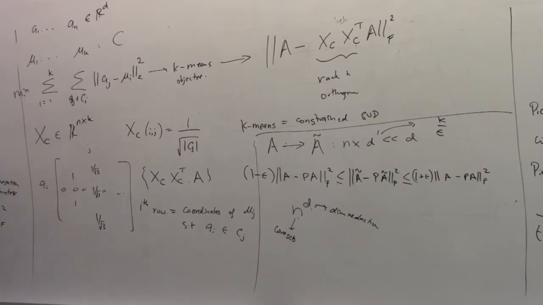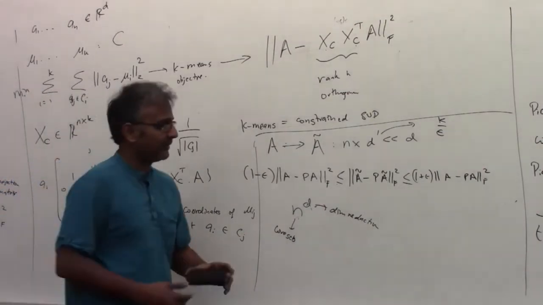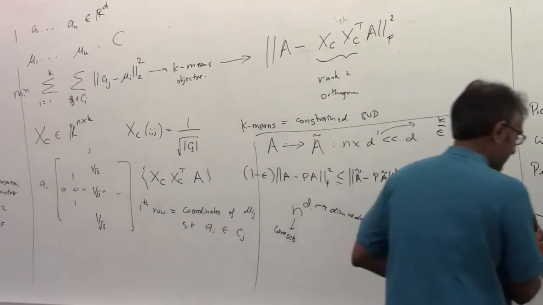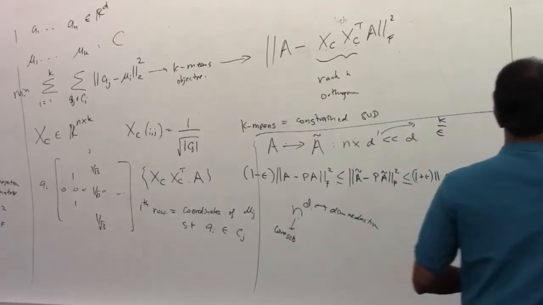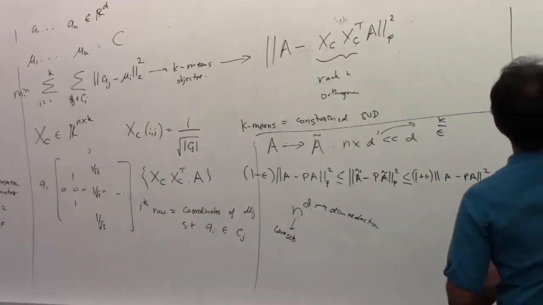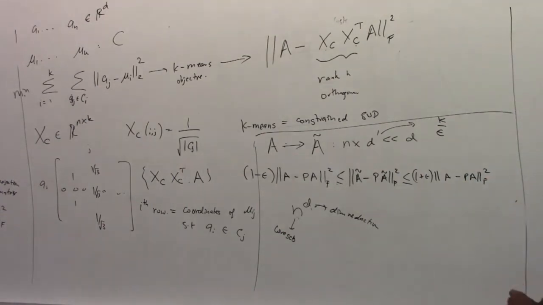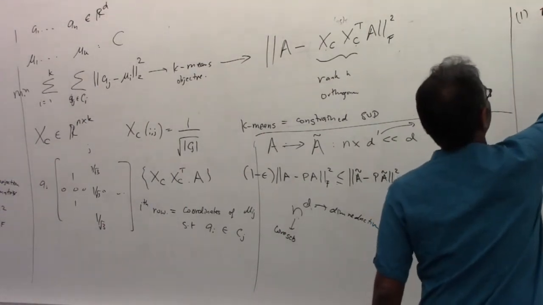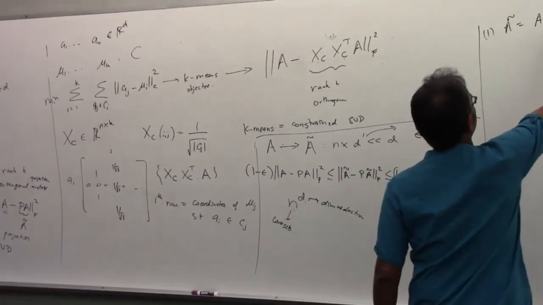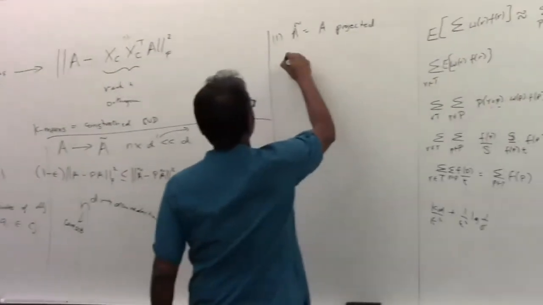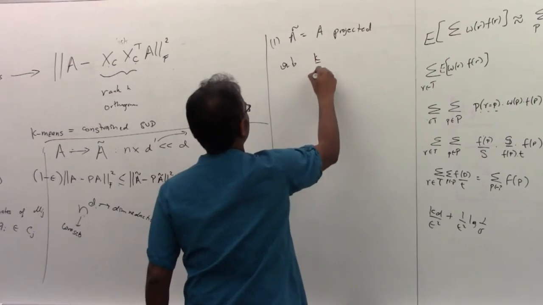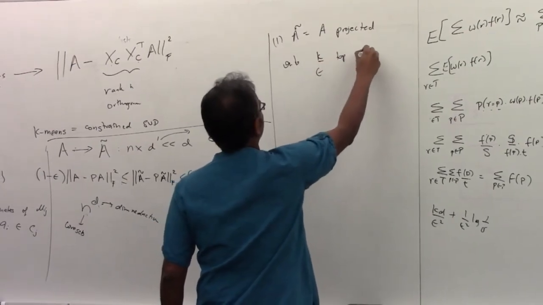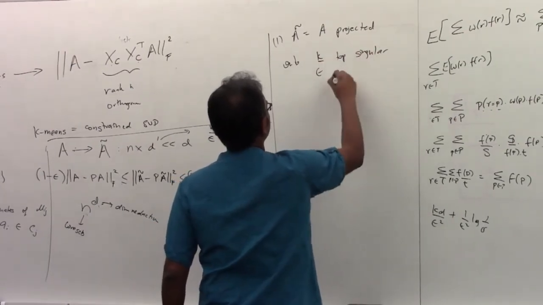Again, I'll cut to the chase and tell you how you might go about doing this. Of course, the easiest way to do this is to just project A onto its singular vectors. So the easiest method for computing this A tilde, so we'll call it method 1, is equal to A projected onto the K over epsilon top singular vectors. Right?